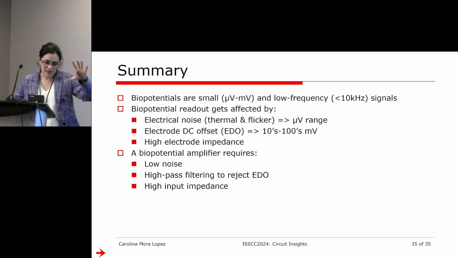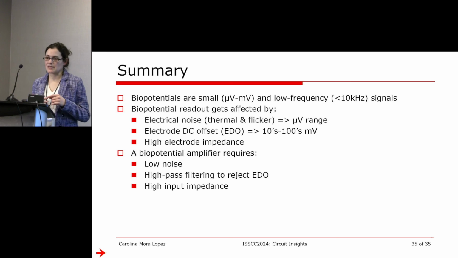To deal with these problems, we need to make sure we design our first amplifier, the most important one in your readout chain, so that it is low noise, can reject this electrode DC offset, and achieves a high input impedance that is much higher than the impedance of your electrode.